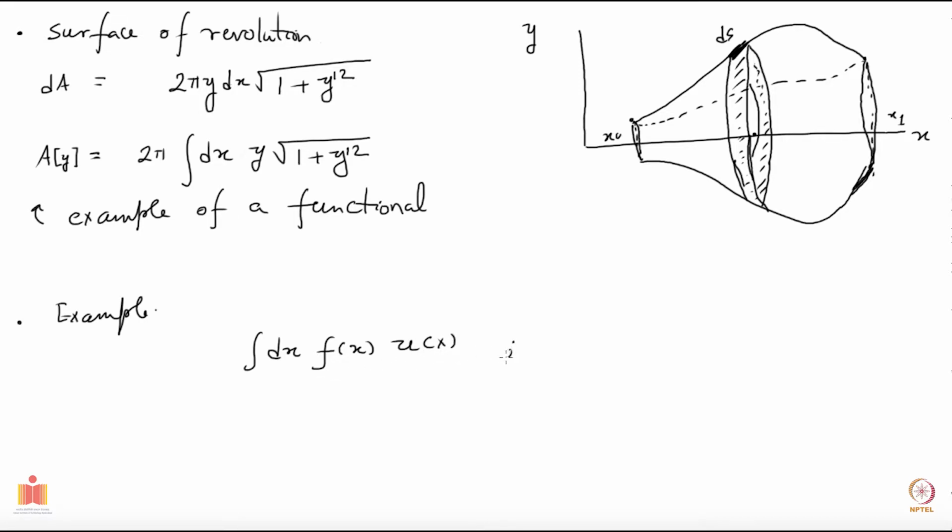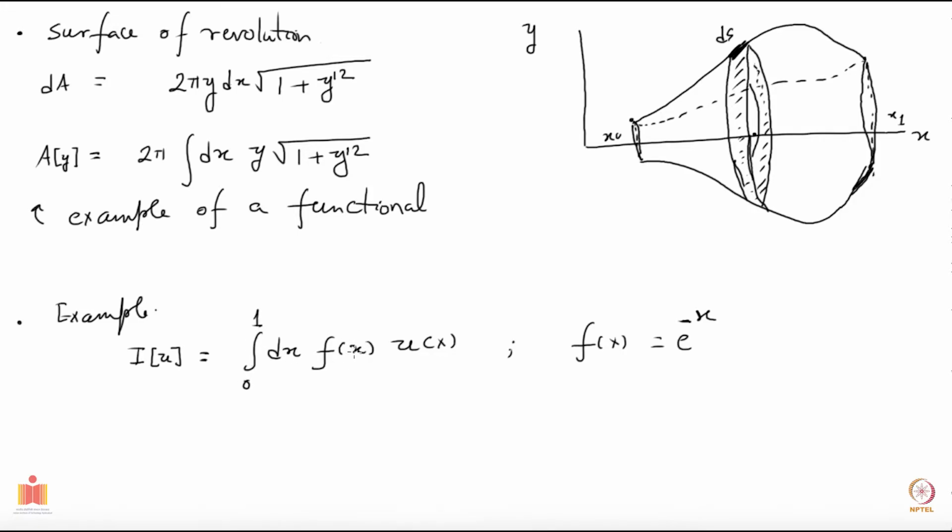So let's say I fix f of x to be e to the minus x. Okay, now this integral is a functional of u. If you choose u to be something and you do the integral, let's have some limits, let's say 0 to 1.